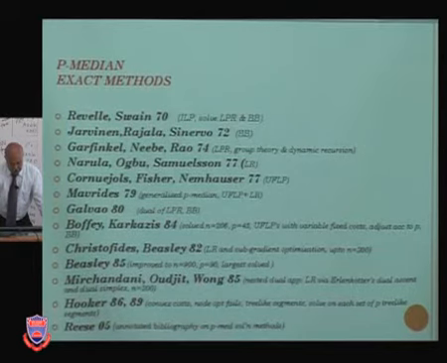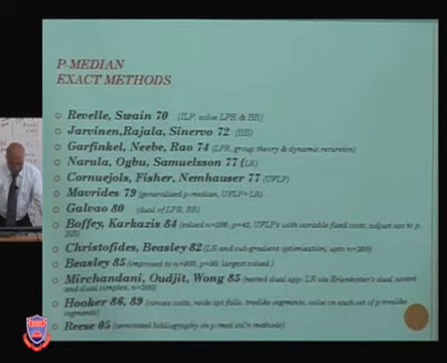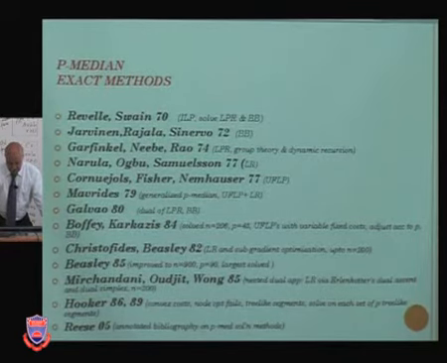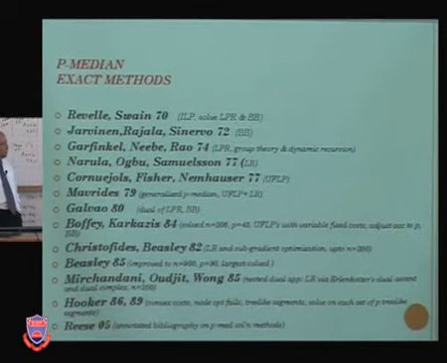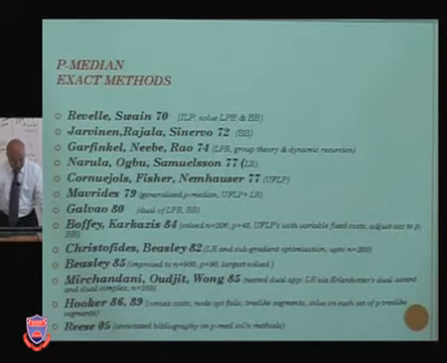And Mirchandani, Ogryczak and Wong, they used a nested dual approach with Lagrangian relaxation coupled with Erlenkotter's dual ascent and dual simplex method, and they solved the problem up to n equals 200.